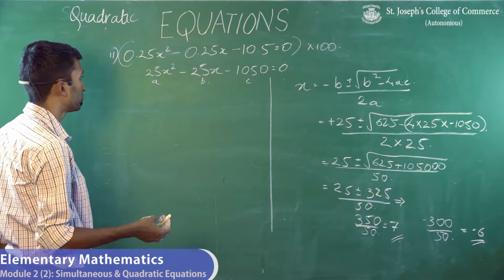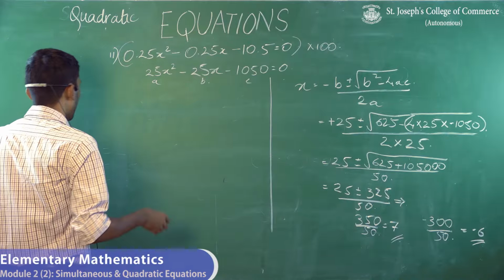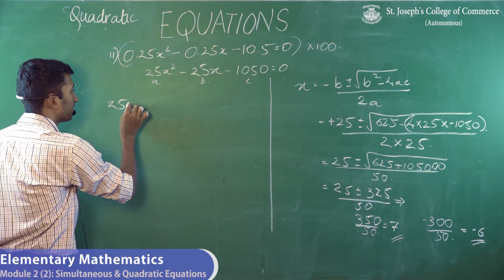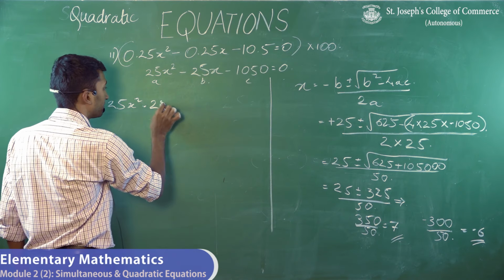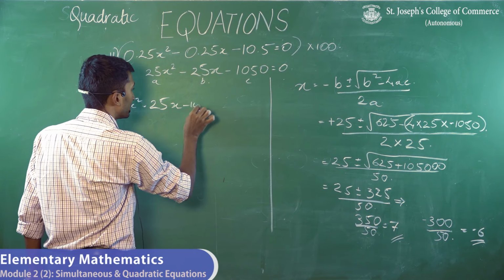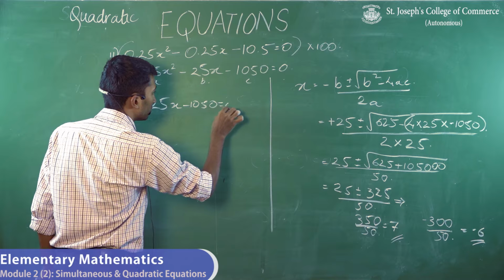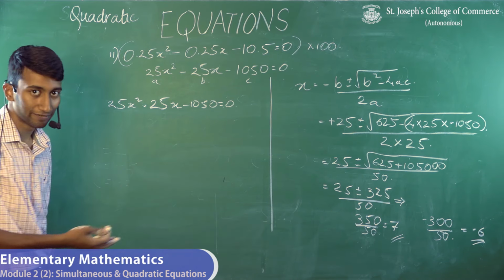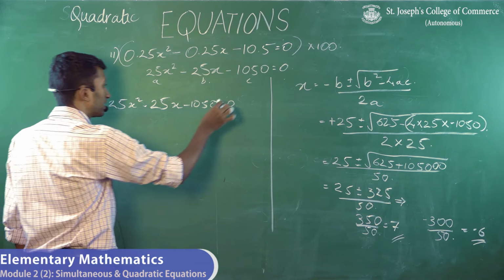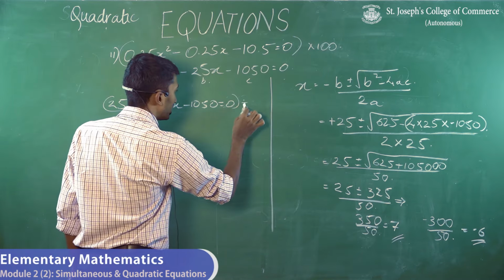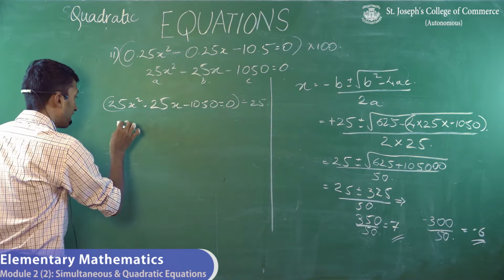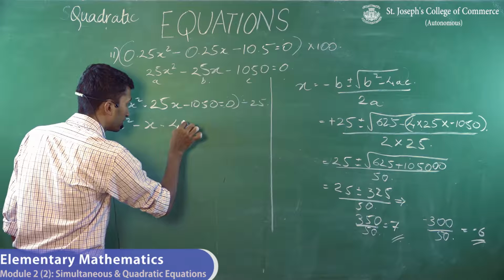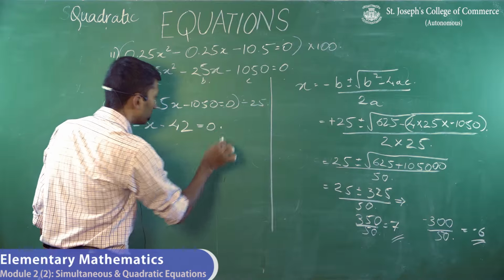The same way, if I would solve it in factorization form, I would get 25x square minus 25x minus 1050 is equal to 0. If I divide this whole equation by 25, it would give me x square minus x minus 42 is equal to 0.